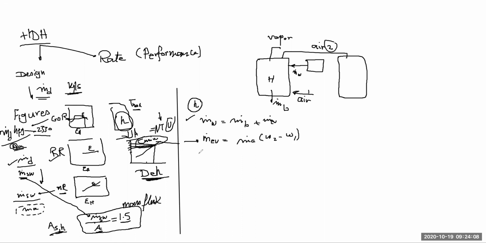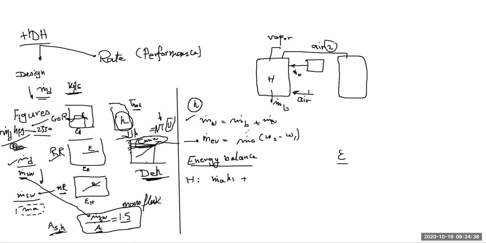Other than that, the equations that would be required are basically the energy balance and the effectiveness expression. Energy balance, if I'm talking about a humidifier, then let's look at the components. We have air coming in, so m dot air times H1.